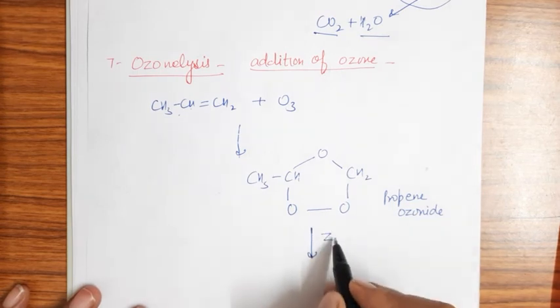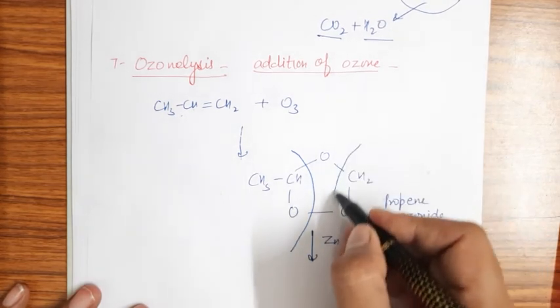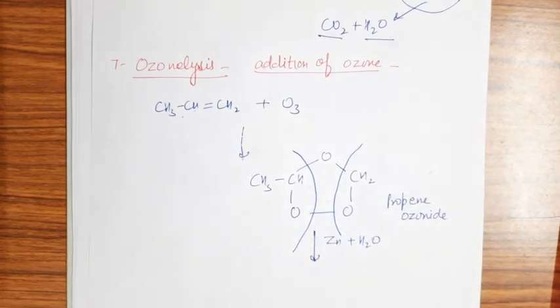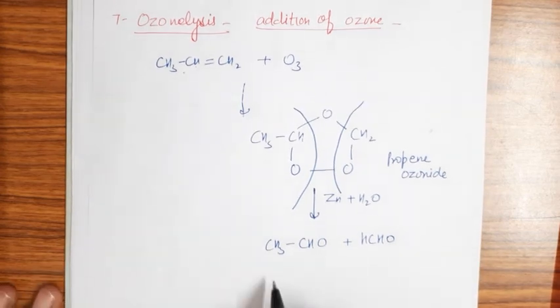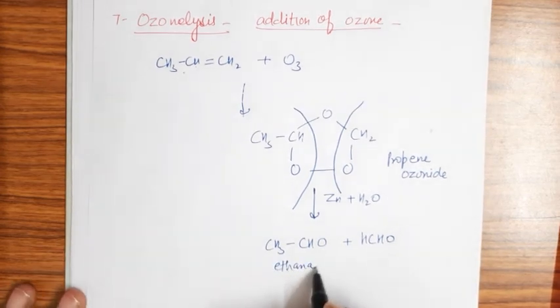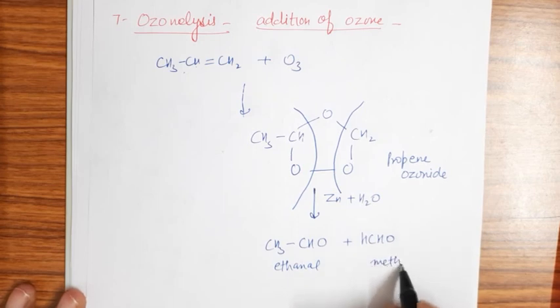So when we react it in presence of zinc and water, it breaks in such a way that it gets converted to aldehydes or ketones. So CH3CHO and CH2O, that means you can write it HCHO. The actual form is HCHO. So we get a mixture of ethanal and methanal here.